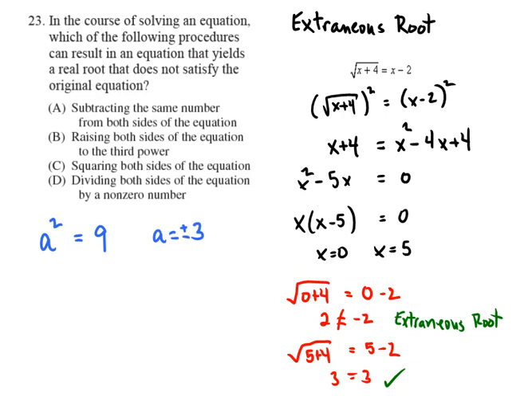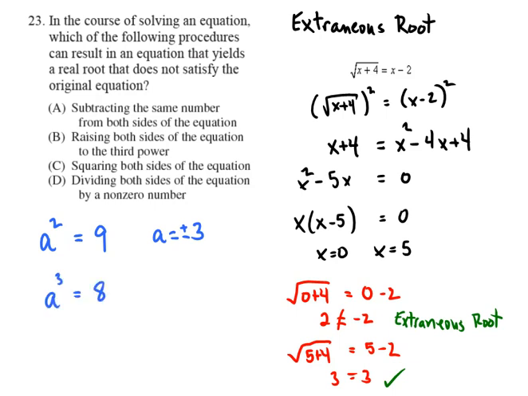So if we had started with a equals 3 and squared both sides, we would have gotten a squared equals 9. And that is true if we knew that a was equal to 3. However, if we only had the squared version of that, we would have had two possible answers, and we might not know whether we started with a equals 3 or a equals negative 3.